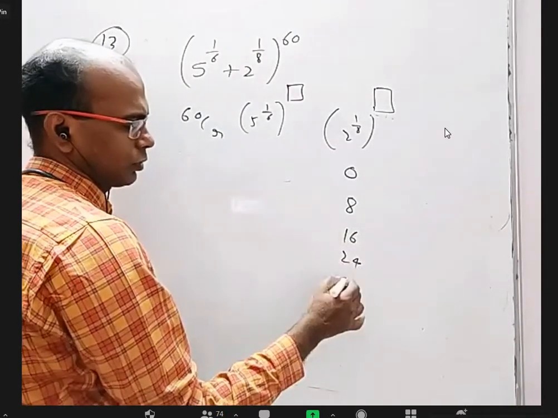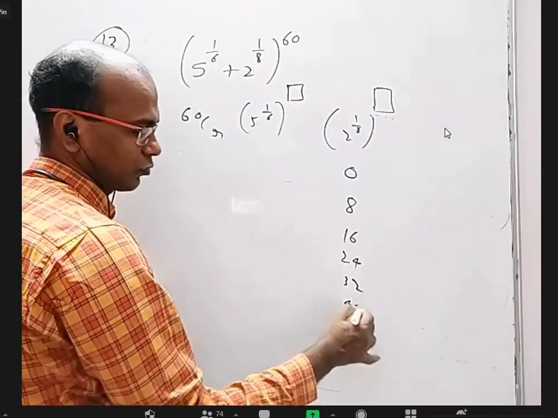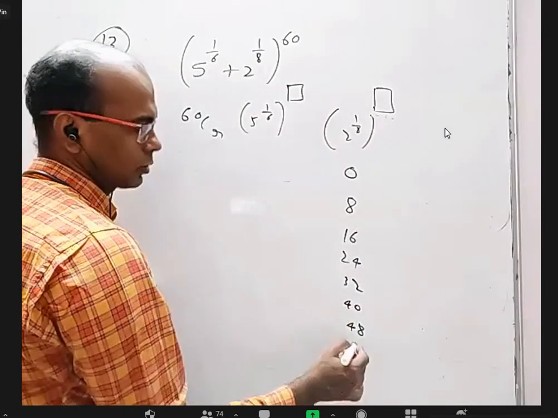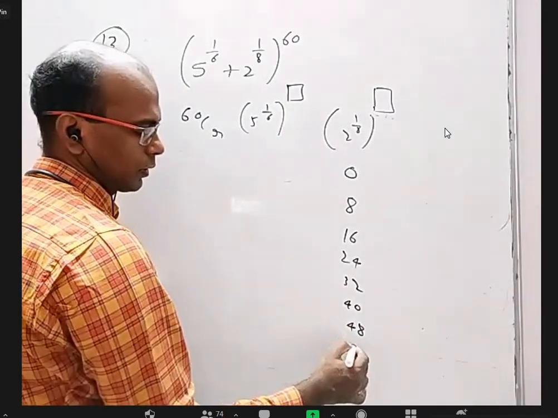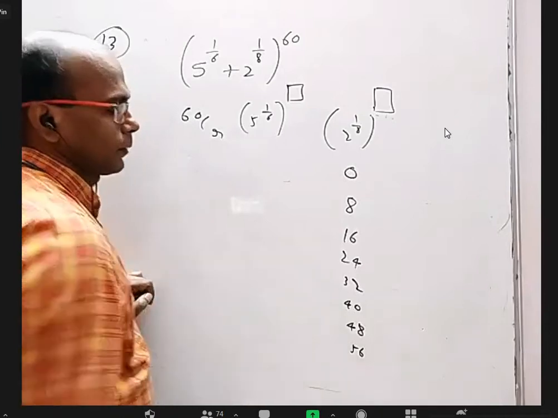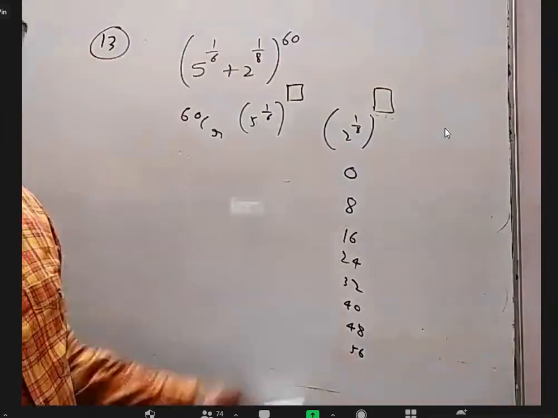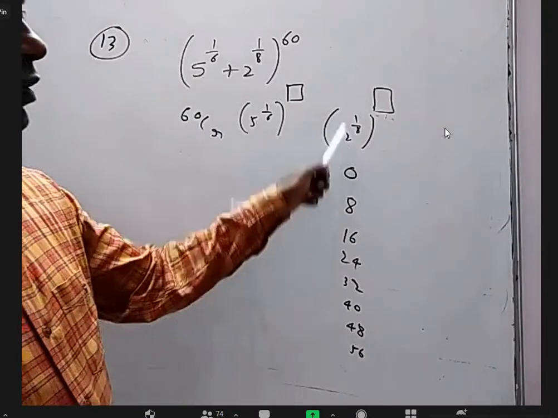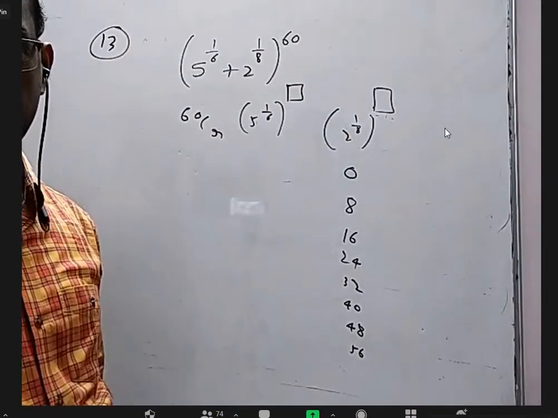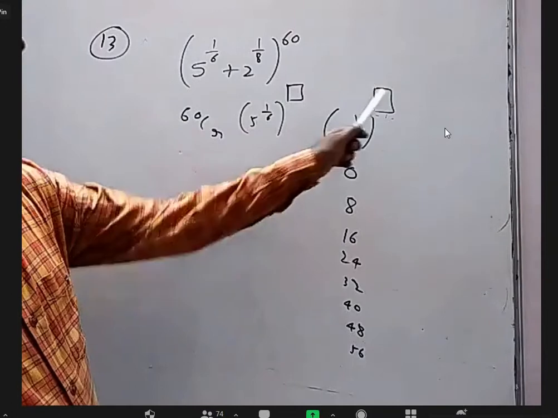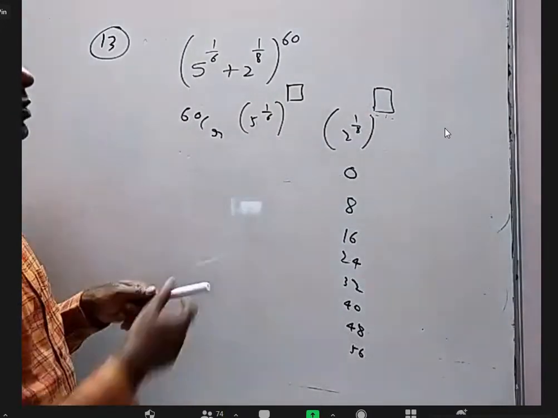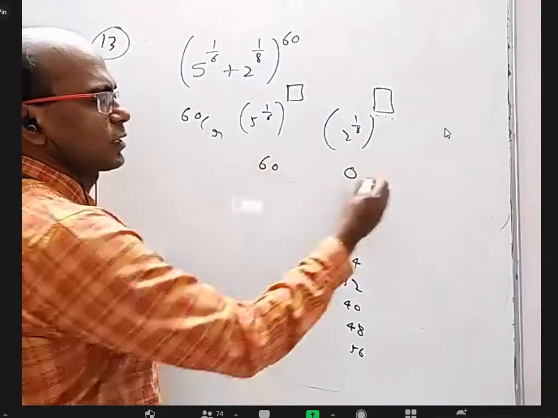8 3s are 24, 8 4s are 32, 8 5s are 40, 48, and 56. That's it. These are the acceptable powers for 2^(1/8). Am I right? Yes, sir. But the powers here would sum to 60. So when power is 0, here power is 60. This is nicely a multiple of 6.